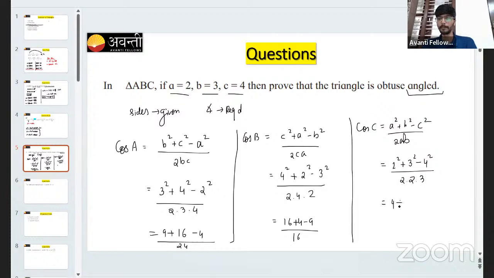This is 4 plus 9 minus 16 upon 12. 9 plus 4 is 13, minus 16 is minus 3, by 12, which is minus 1 by 4. I am not at all interested in the value. I am just interested in the value being negative. What does the value being negative mean? Cos C is negative. This means that C is obtuse.